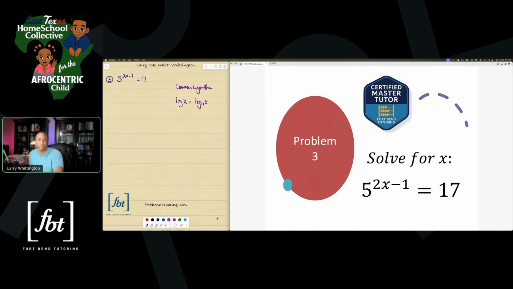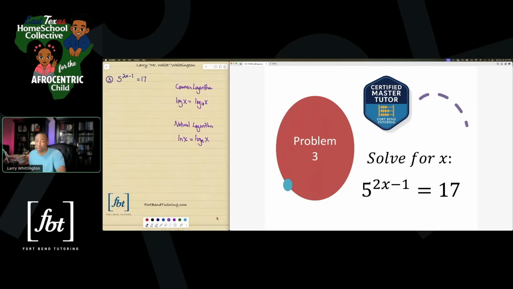So your common logarithm has a base of 10, whereas your natural logarithm, the symbolism for that is the natural log of x, written out as a regular logarithm, the base would be the natural number, or e, where e is called Euler's number, and that's how you get that term, natural logarithm.